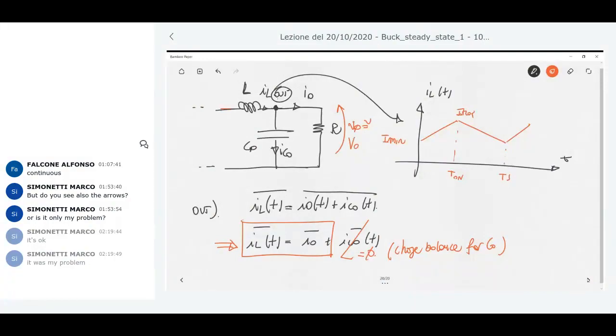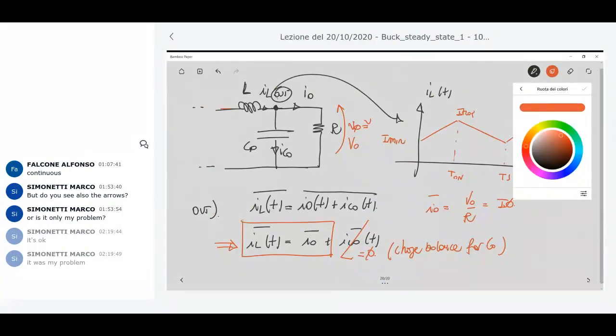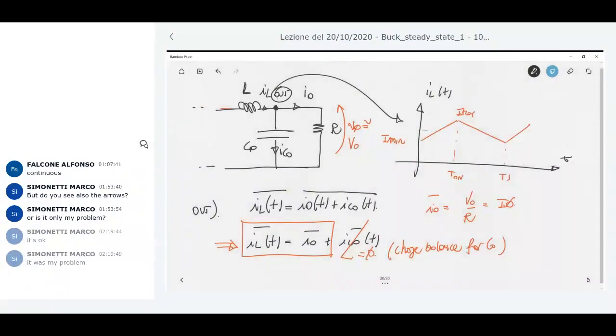So I0 average value is simply V naught over R, so let me call it I naught. The average value of the current flowing through the inductor is the output current because no DC current can flow through the output capacitor.